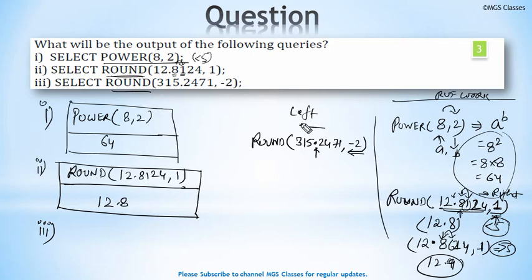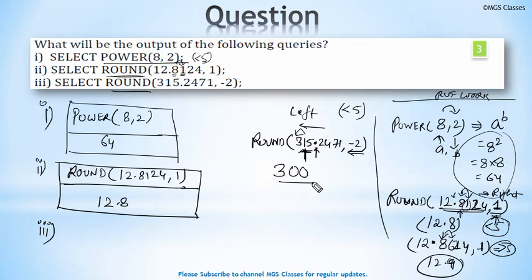But in this case we will look at the left side of the decimal point. We will look up to 2 digits, and if the second digit, as -2 is given, is less than 5, then we need not round it.